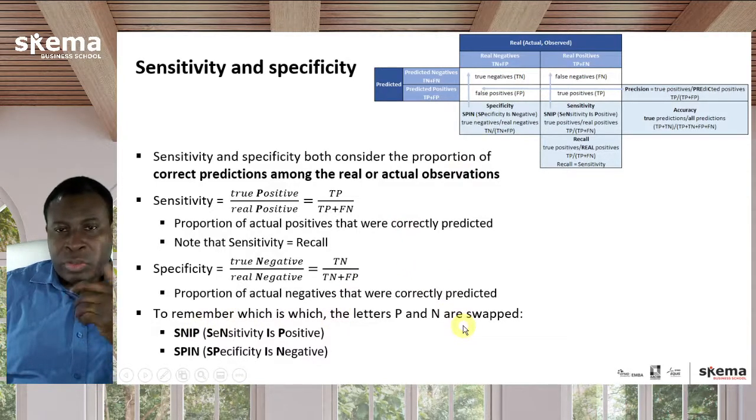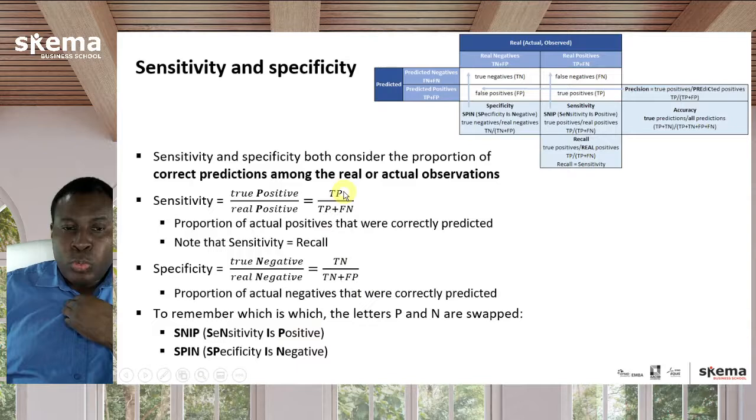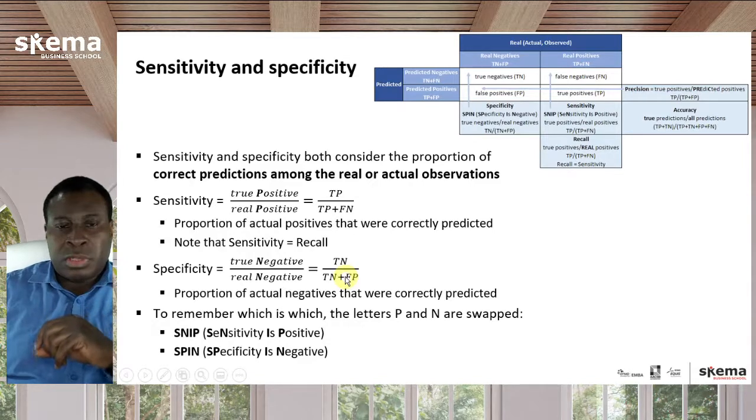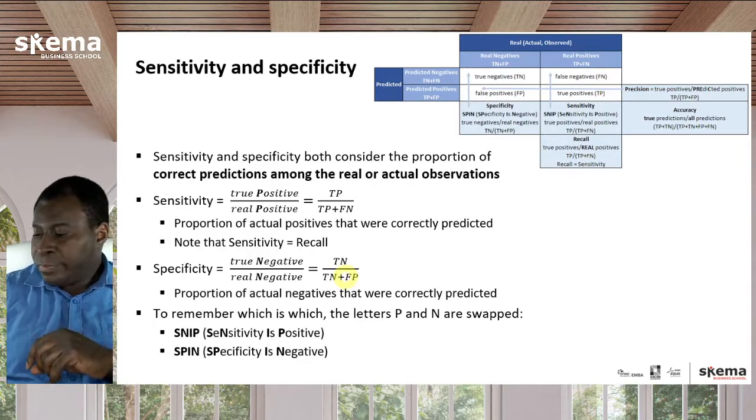To remember them, I use the mnemonics SNP and SPIN. SNP: sensitivity is positive, so SN means that sensitivity has true positives on top and focuses on real positives underneath. And SPIN: specificity is negative, which means that specificity focuses on true negatives on top and real negatives below. So I use that to distinguish these measures.